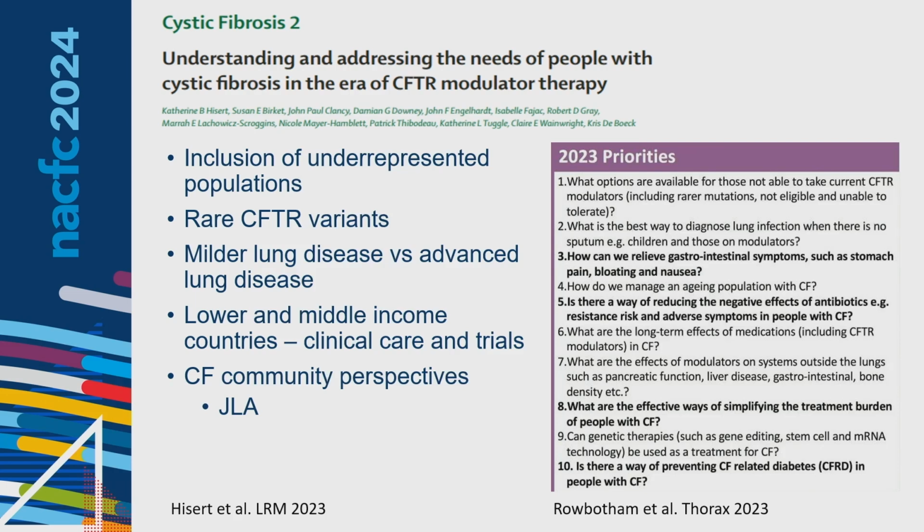And the CF community perspectives are crucial in this, and indeed in a lot of grant applications, it's important how you refer to the James Lind Alliance and the 2023 priorities on the right. We'll not go through these, but these are some of the challenges that are important to address with research studies in the coming years, and this is a publication in Thorax last year.